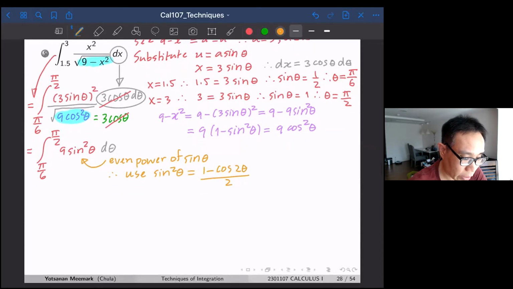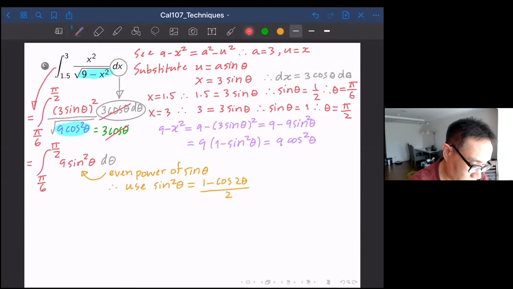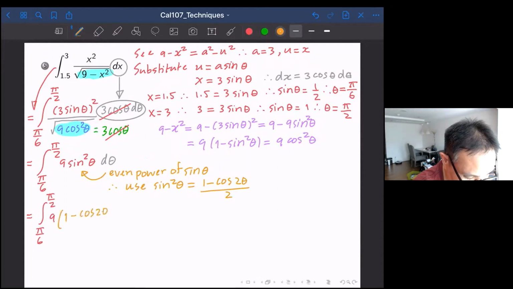It's going to be the technique that we studied in 7.2 about the trig integral, the first one. So you would just have the integral from pi over 6 to pi over 2 of 9 times 1 minus cos 2 theta over 2 d theta.